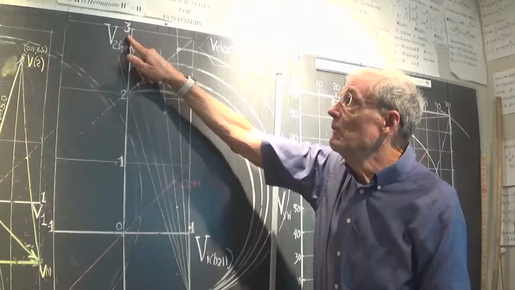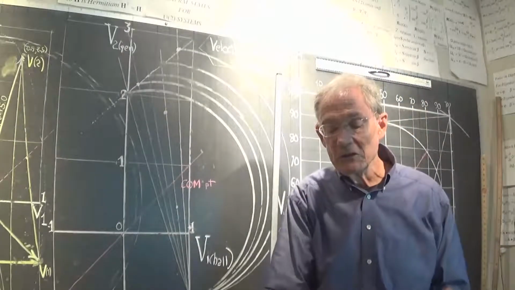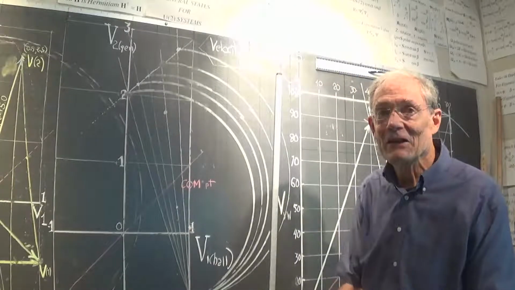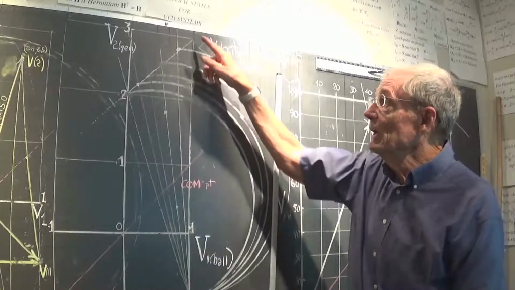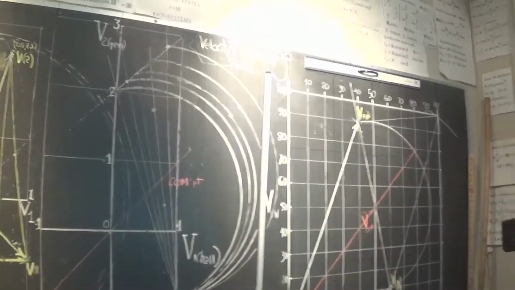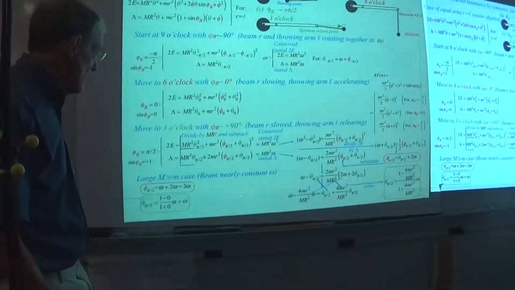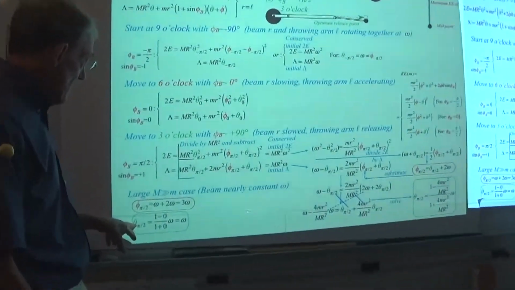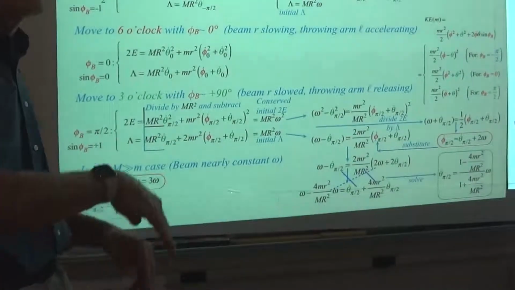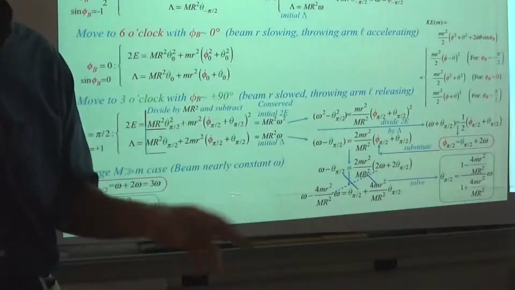Remember that? And I said if nature was unkind, every little piece of sand would come back at you with 9 times the kinetic energy. Anyway, that 3 is showing up right here, and the final beam velocity is exactly where it started. So this is the case where the trebuchet is throwing something really light compared to the rest of the machine.